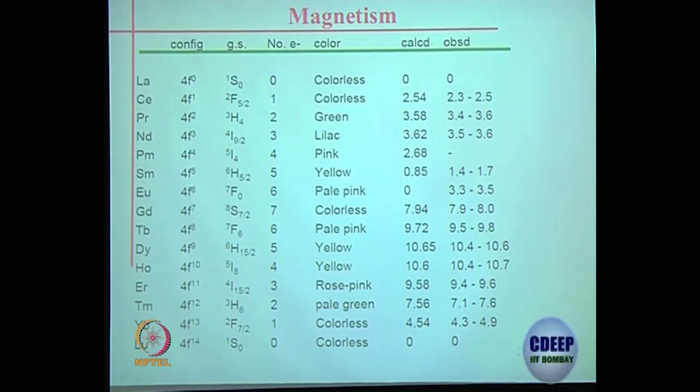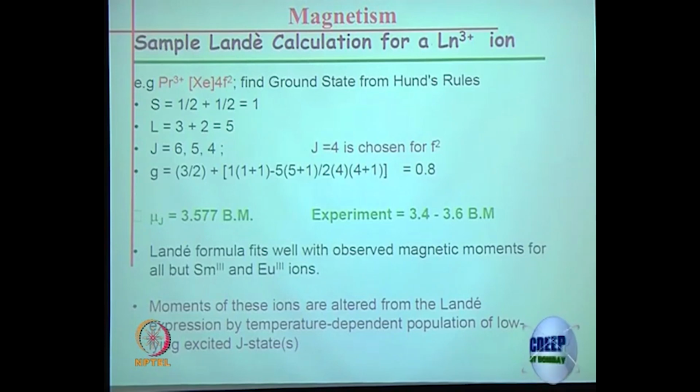I think you have calculated that, right? How? You plug it into this equation, 2S plus 1, L, J. 2S plus 1 means 2 plus 1, 3. L is going to be 5, that is going to be H. So 3H, is it getting clear?